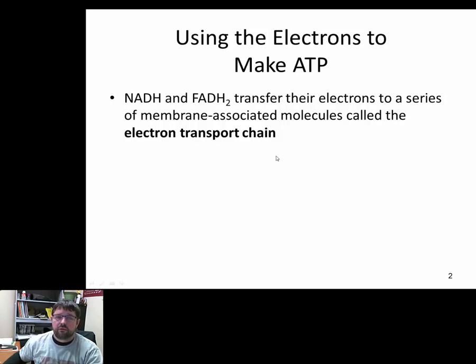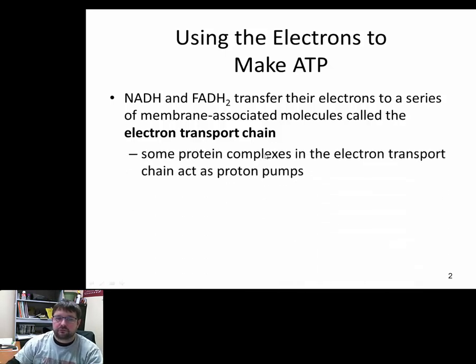Now, those electron carriers will move electrons and protons, that hydrogen ion, to the electron transport chain. In doing so, the electrons can be used to pump protons across membranes inside the mitochondria.